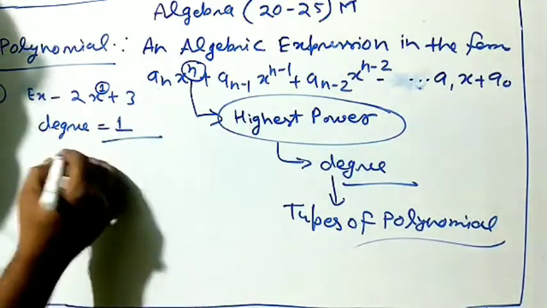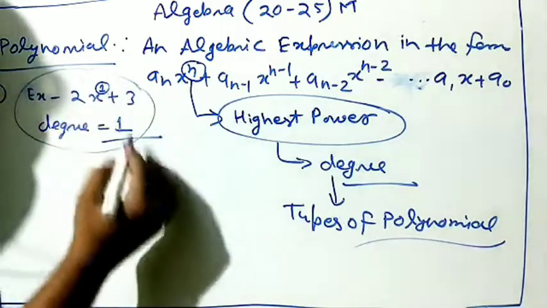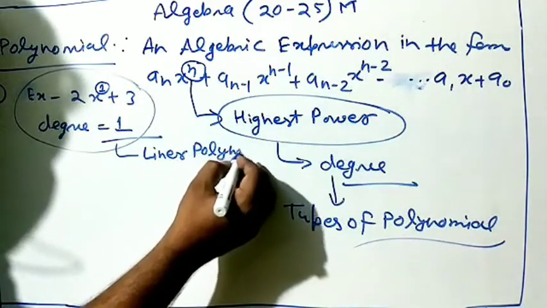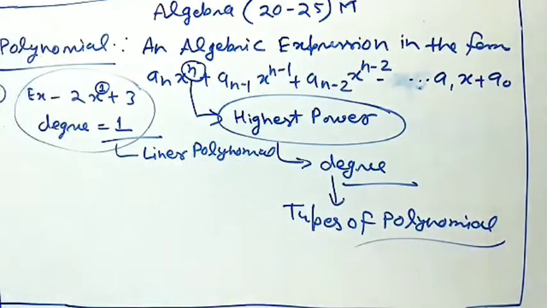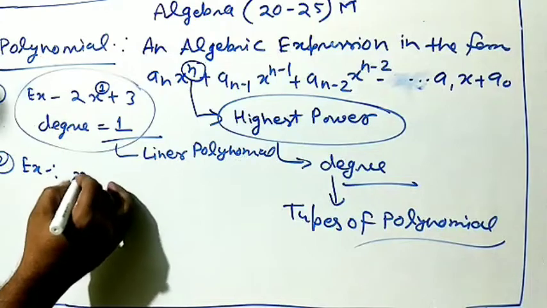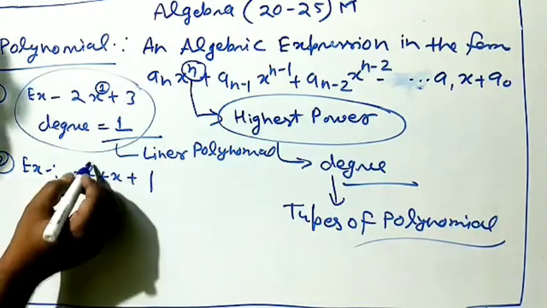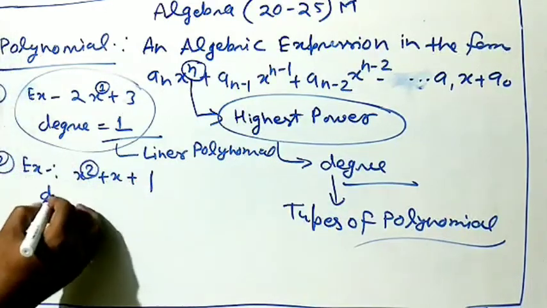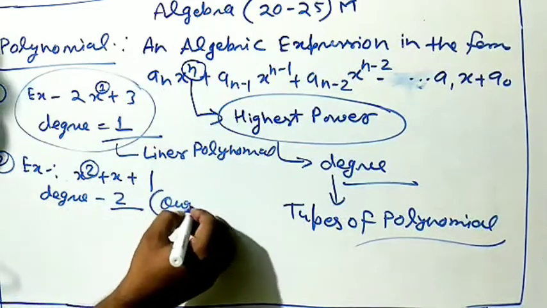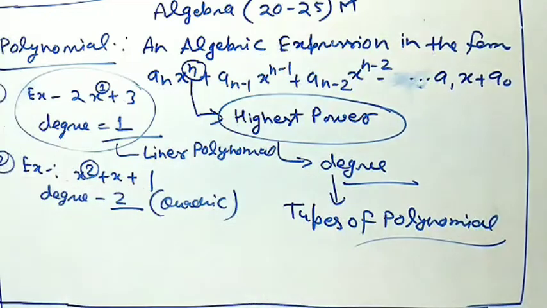It means it is called a linear polynomial. Clear? Second, I am taking the example x square plus x plus 1. The highest power is 2, which means degree is 2. That is called a quadratic polynomial.